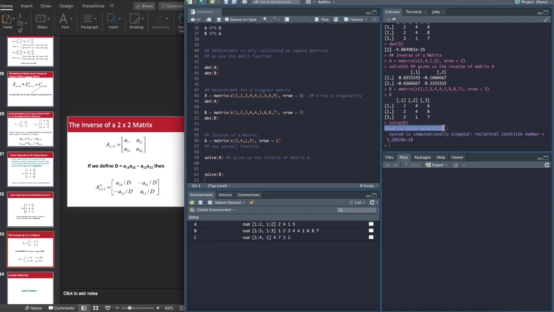You will see that error, system is computationally singular, meaning that the matrix is singular, or there is a singularity, and that is an important concept that we have to take into account when we do regression. Right, so that's pretty much it on the matrix practice.